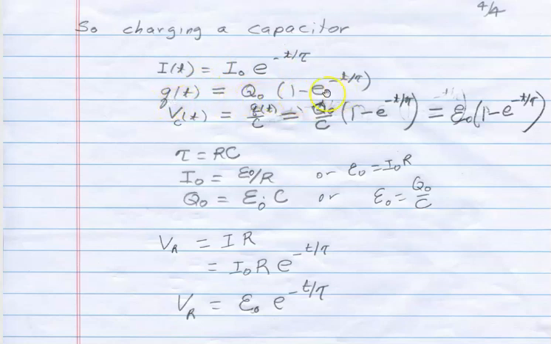It starts off initially at 0 and builds up to its final value, Q naught. The voltage drop across the capacitor at any time t I can write as Q over C. And plugging in this value, I get Q naught over C. But Q naught over C, remember, was just E naught. I've got this value down here. And then the voltage drop across the resistor is I times R, which we found earlier.